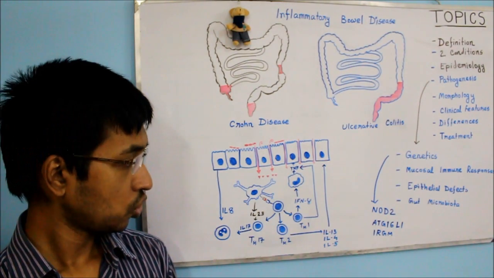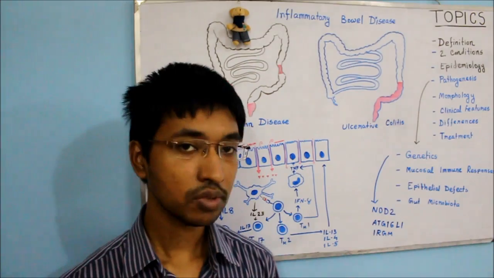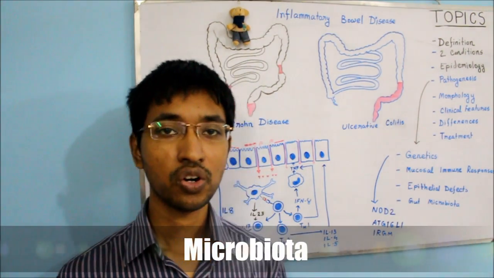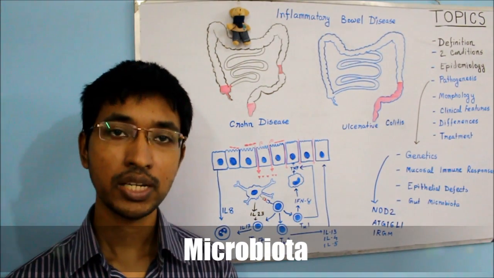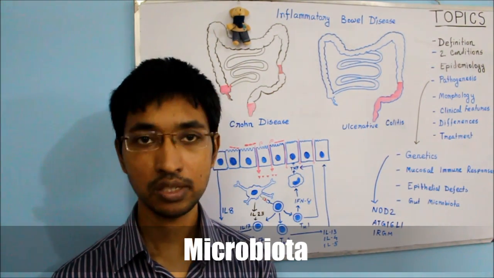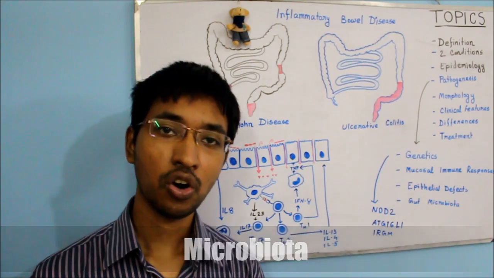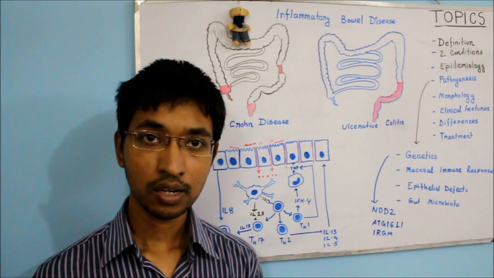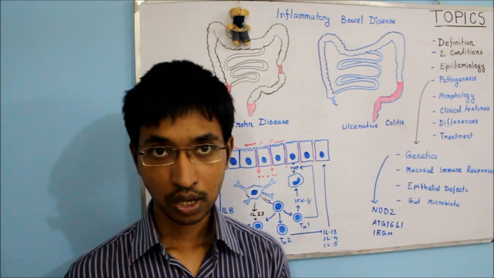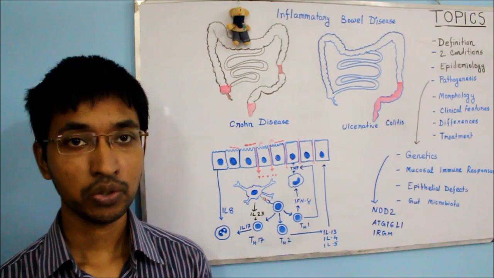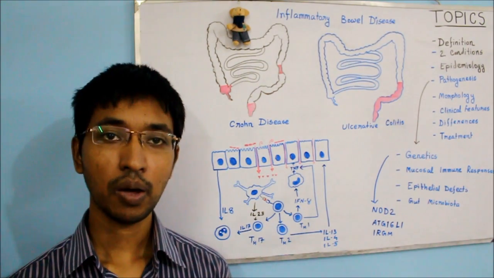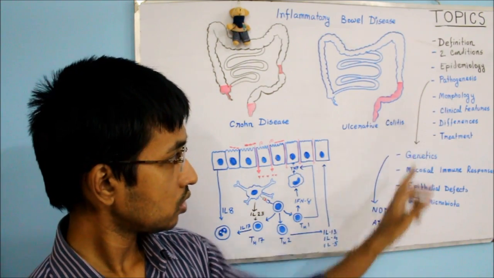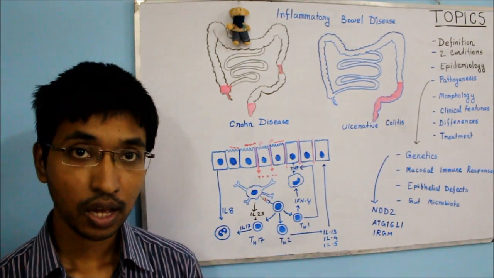The last factor in the pathogenesis was the gut microorganism, particularly the microorganism that are populating the mucosa of the intestine. Now these microorganisms can affect the innate and adaptive immune response, and they can also influence the pathogenesis of inflammatory bowel disease.